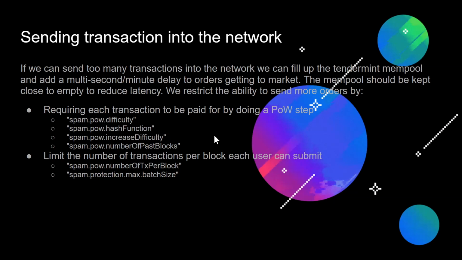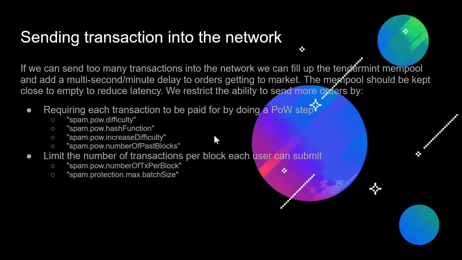And we also limit the number of transactions per block that each user can submit. And that's another network parameter, spam.pow.numberOfTxPerBlock. So this is for one public key, how many transactions per block they can sign at the current difficulty. If we have the increased difficulty option on, then they can sign more per block, but every number of TX per block extras they do will increase the difficulty by 1.